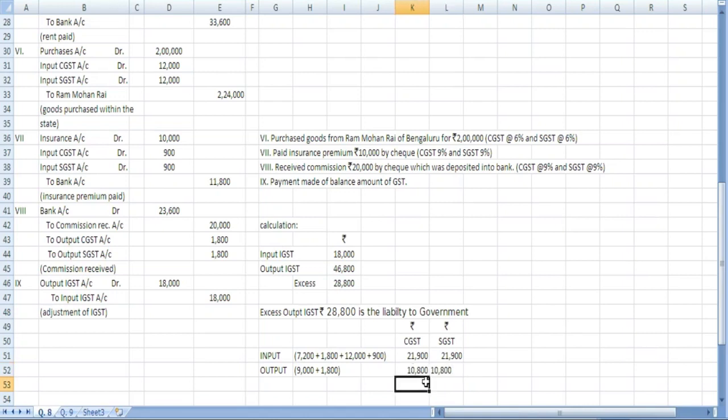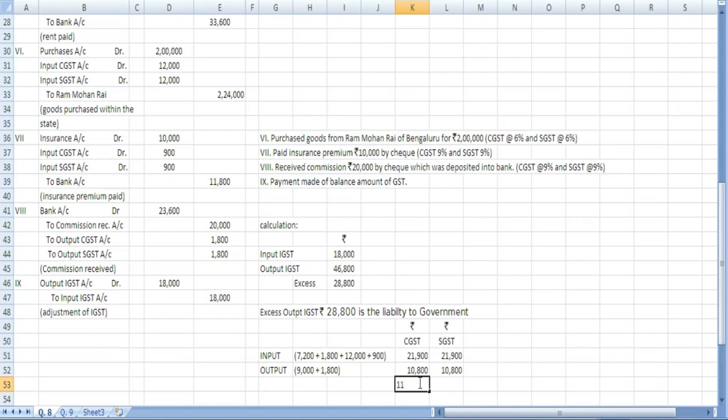Now here again what is happening, your input, that means your payment, is becoming more than your output. So we'll find out how much is the excess.